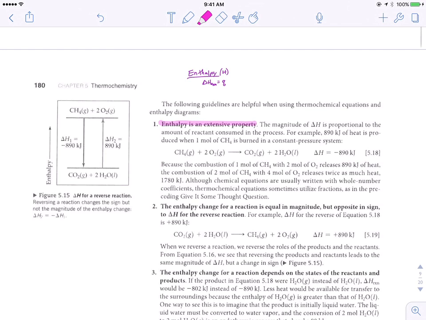We also know if in a reaction, if I reverse the reaction and go a different direction, my sign changes. So in this case, methane is being combusted to form carbon dioxide and water. And here, I'm taking carbon dioxide and water and forming methane. My signs will change from negative 890 kilojoules to a positive 890 kilojoules.